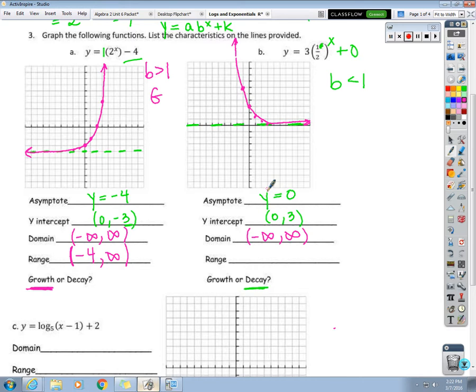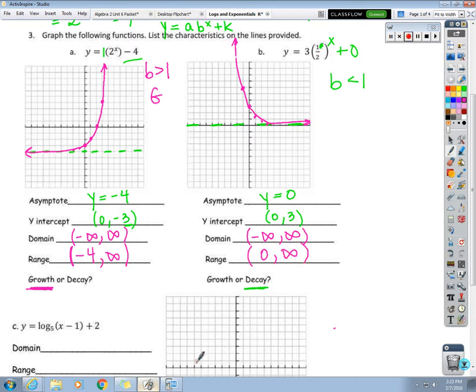No. If there's a horizontal line that's a boundary for you, that doesn't affect you going left or right. It only affects you going up or down, correct? So that's why with exponentials, the domain will always be negative to positive infinity. And the range will always be affected by the asymptote. So for this one, you can only go down to the asymptote, but you can go up forever.